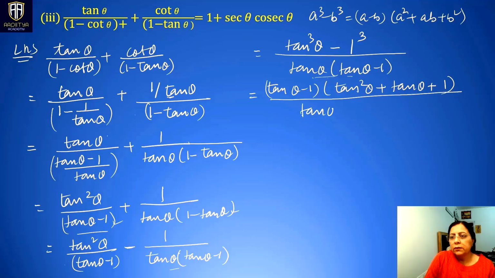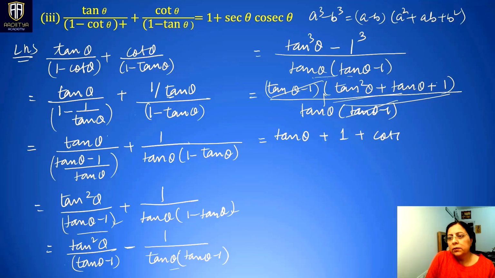So we have tan theta in bracket tan theta minus 1. This bracket is reduced now. Now we can take this tan theta below all the terms in the numerator. So tan square theta divided by tan theta is tan theta. Tan theta divided by tan theta is 1. 1 divided by tan theta is cot theta. This is the simplified version, right?